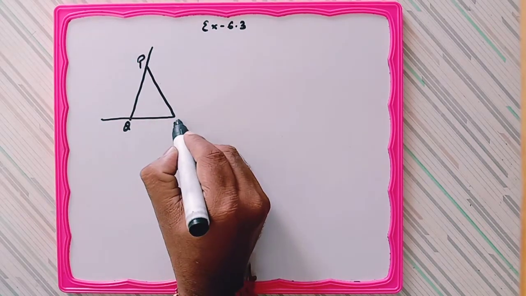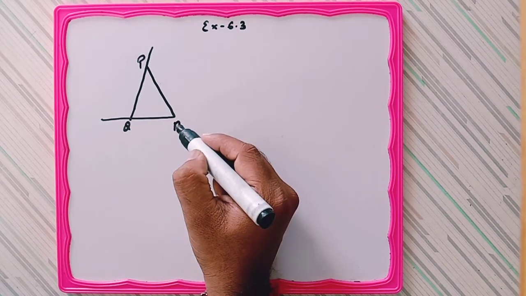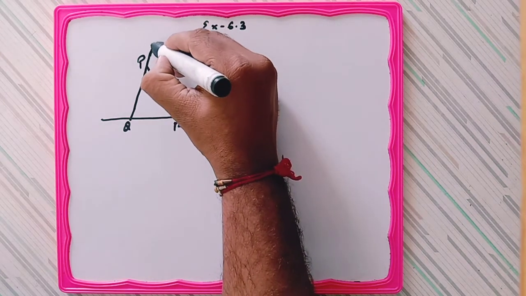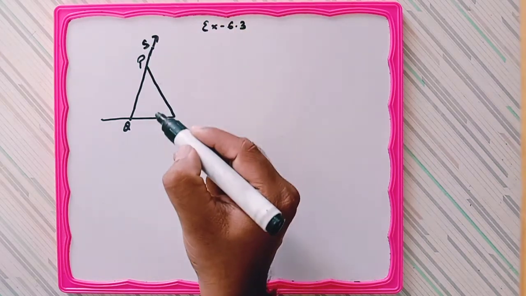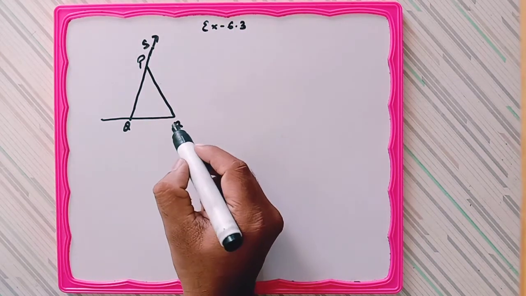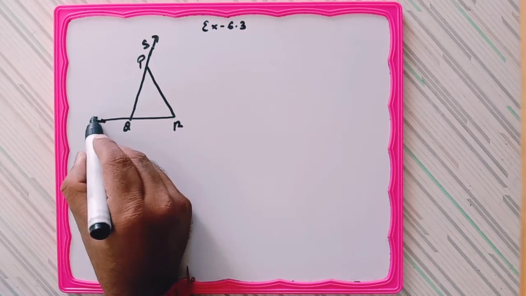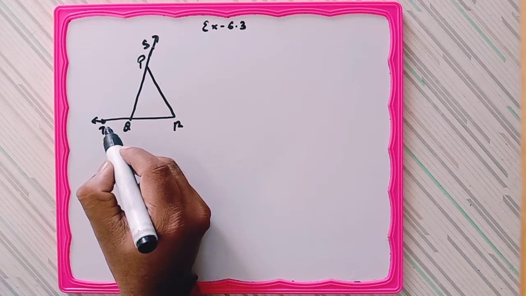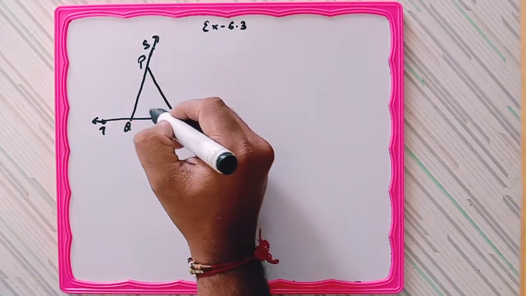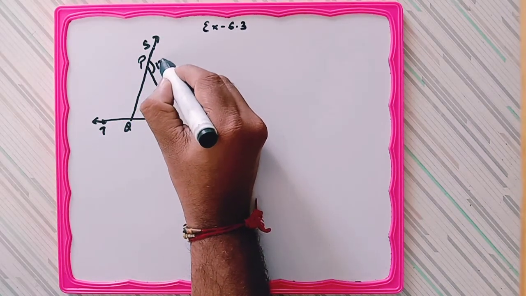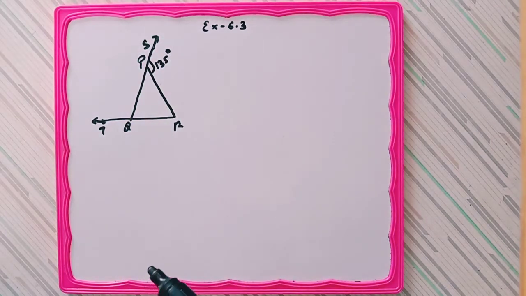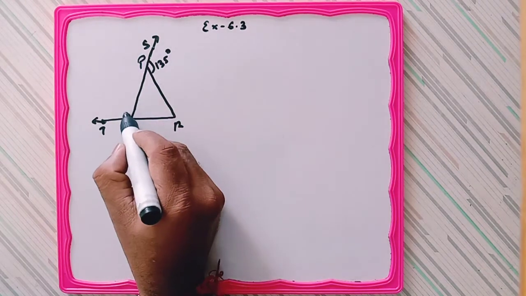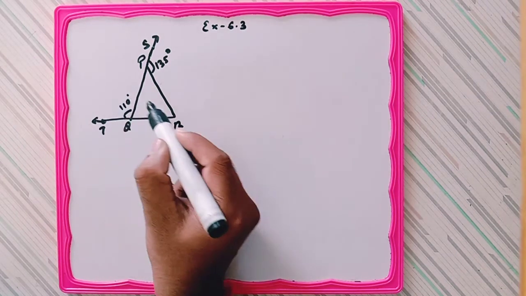PQR is the triangle in which QP side is produced till S and RQ side is produced till T. Angle SPR equals 135 degrees. Angle PQT equals 110 degrees.